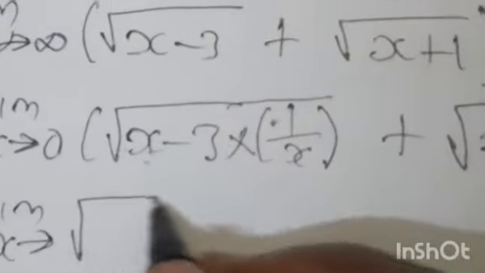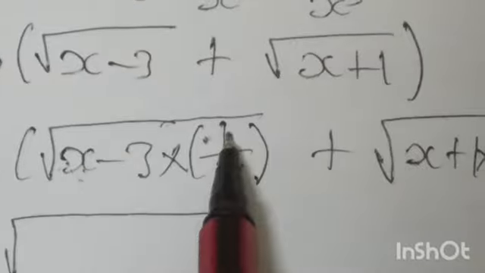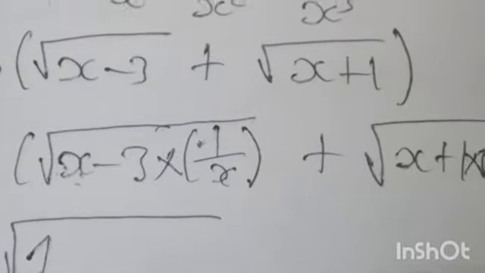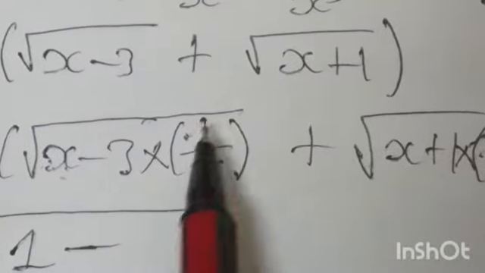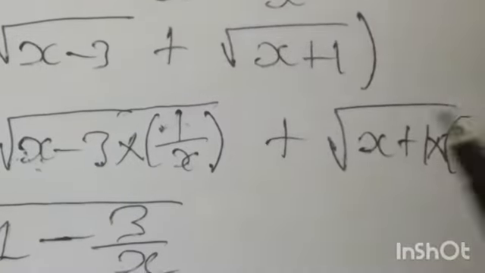So the limit as x approaches infinity, then you have a root of 1 over x times x, which is just a 1, minus 3 times 1 over x, which is 3 over x.